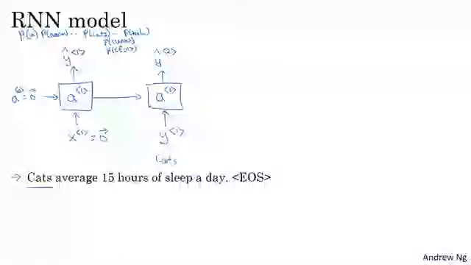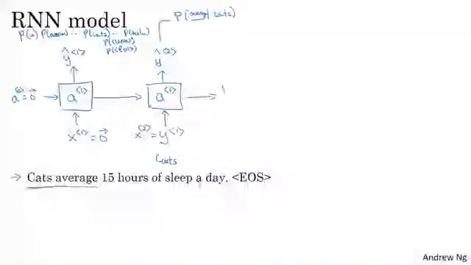And this is why y<1> is equal to x<2>. And so at the second step, the output is again predicted by a softmax. The RNN's job is to predict what's the chance of it being whatever word it is. Is it A or Aaron or cats or Zulu or unknown word or EOS or whatever, given what had come previously. So in this case, I guess the right answer was average, since the sentence starts with cats average.